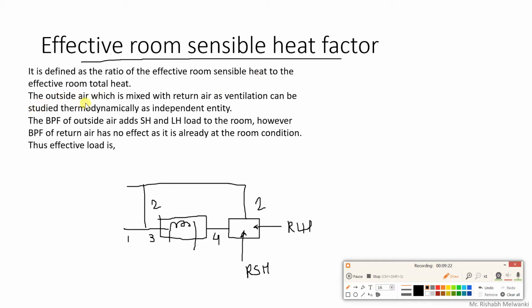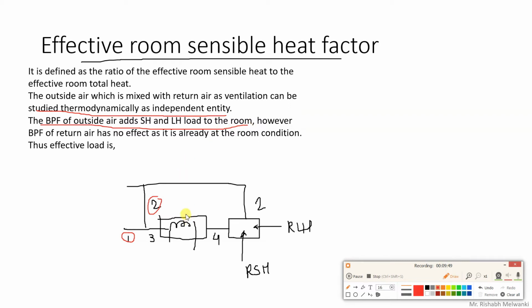So the outside air at point number 1, which is mixed with return air, can be studied thermodynamically as an independent entity. The bypass factor of outside air adds sensible heat and latent heat to the load of the room.